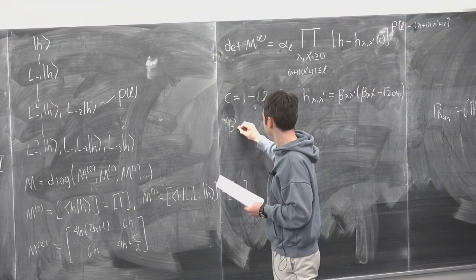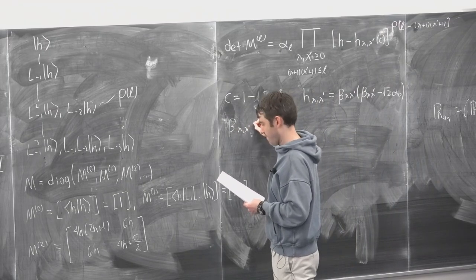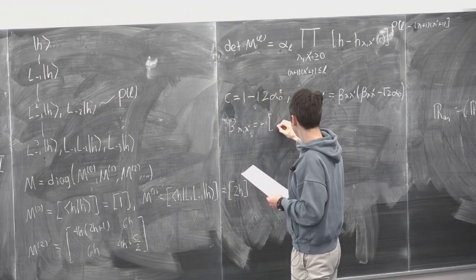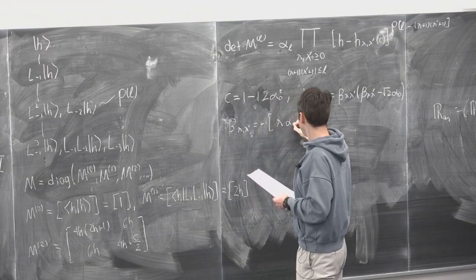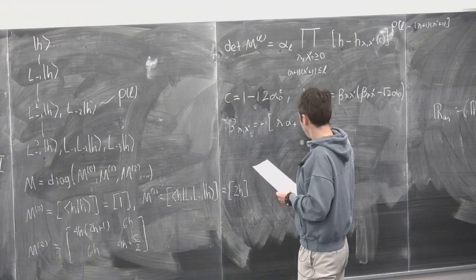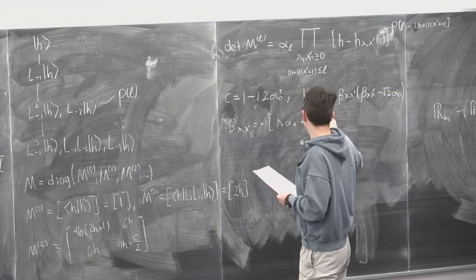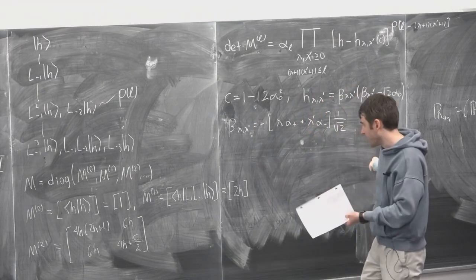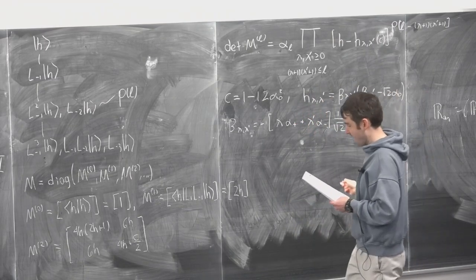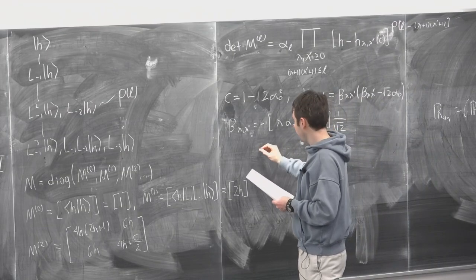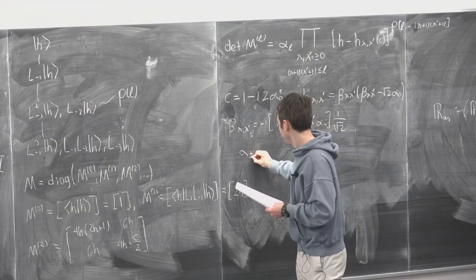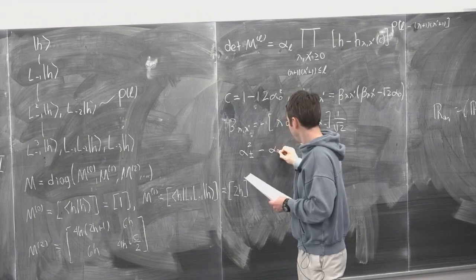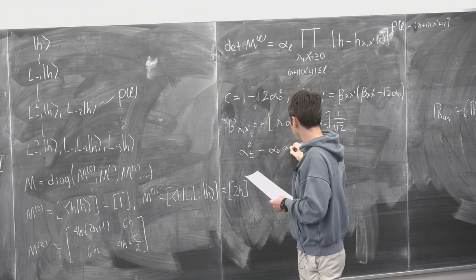So lambda alpha plus, lambda prime alpha minus, over root 2. Now I need to tell you what alpha plus and alpha minus are. They are solutions to this quadratic equation.